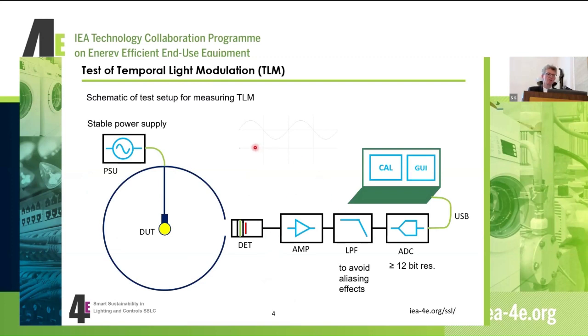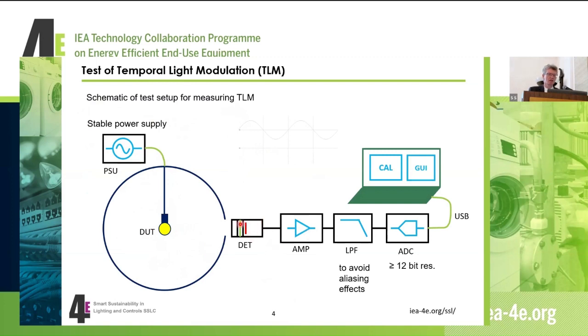So this is a schematic of a setup for measuring TLM. You need to have a stable power supply that will provide voltage for the device under test. Here we have put the lamp inside an integrating sphere. You have to make sure that you only measure the light coming from the light source itself.